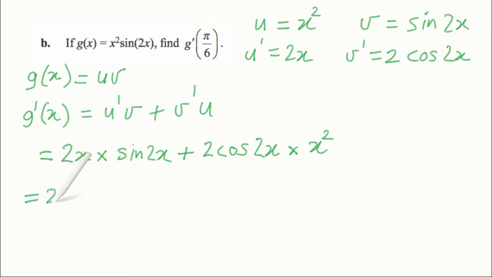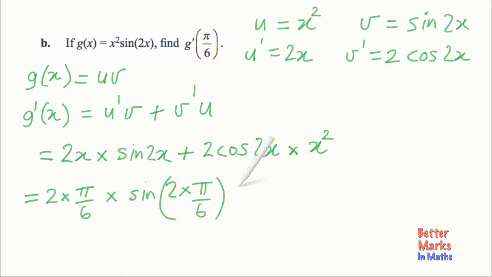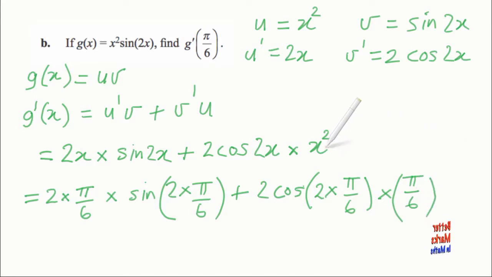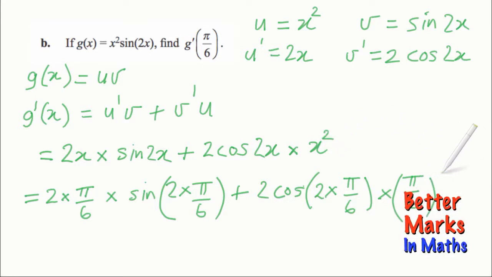So next step is 2 times, and x is pi on 6, times by sine of 2 times pi on 6, and I'm going to put that in a bracket, plus 2 cos bracket 2 times pi on 6 times pi on 6 all squared. So make sure when you are substituting a fraction for x that you put it in brackets if it's raised to a power like that.